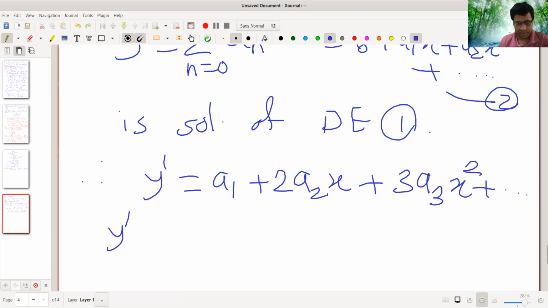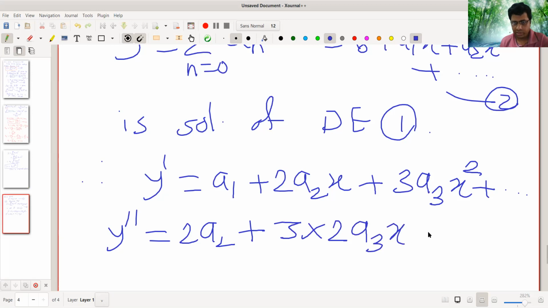But we want y double dash. So y double dash is 2a2 plus 3 into 2 a3 x plus the next term in y dash is 4a4 x cube, so the derivative is 4 into 3a4 x square, plus and so on.